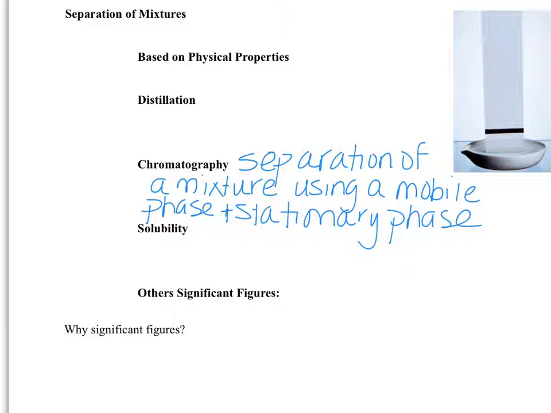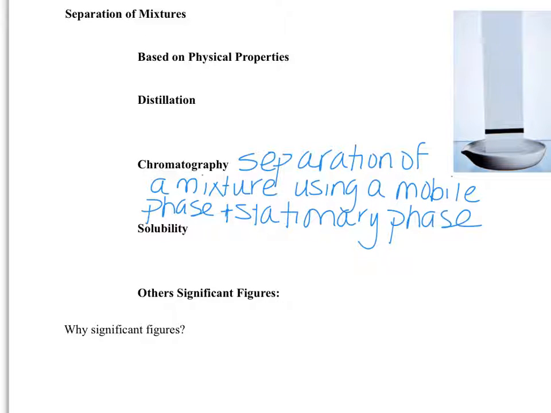You then put your paper in a mobile phase. You put it in a solvent. That solvent can be water. That solvent can be alcohol. Okay? The solvent is really going to depend on the nature of whatever the stationary phase is. Obviously, if you have a non-polar substance that's stationary, you're going to need a non-polar mobile phase or a non-polar solvent. If you have a polar stationary phase, then you need a polar solvent or a polar mobile phase.